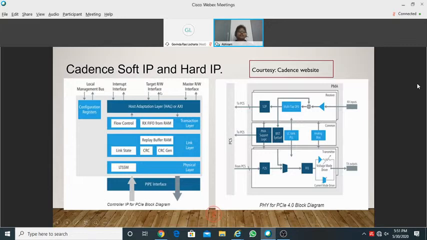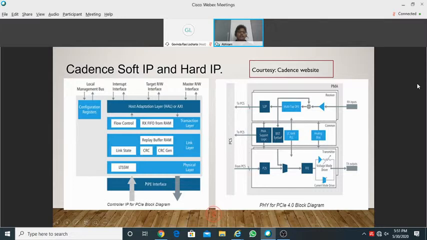If you are using an AMBA or ARM processor, you can have an AXI bus, or if you have your own processor, then you have your own custom bus. You can have a bridge over this, like a custom bus to AXI bridge. So this IP comes with the AXI on the north side.